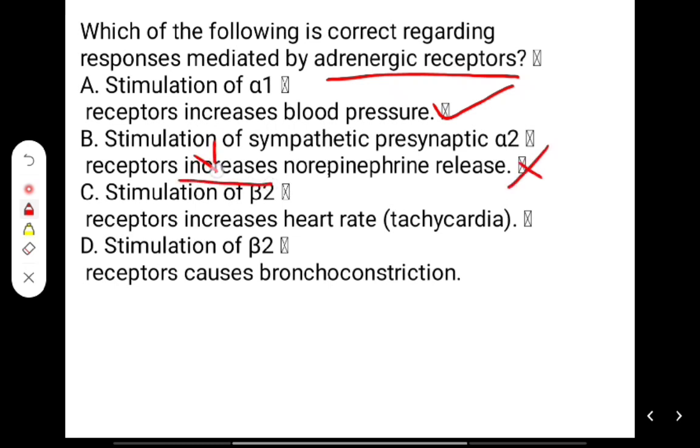It will decrease. Now, stimulation of beta 2 receptors increases the heart rate? They are not found in the heart, so this is wrong. They are found in the bronchus. Stimulation of the receptors will cause bronchoconstriction? They are present in the bronchus, but they will not cause constriction. They will cause dilation.